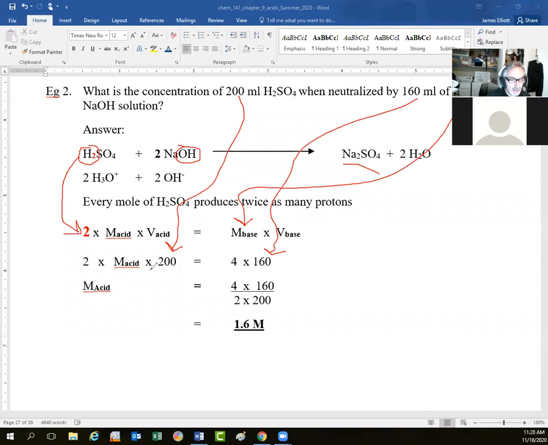So for the molarity of the acid, we move that 200 across. It's a multiplier becoming a divider, and a 2. It's a multiplier on the left, so it becomes a divider on the right. So 4 times 160 divided by the 2 times 200, that comes to a molarity of 1.6.